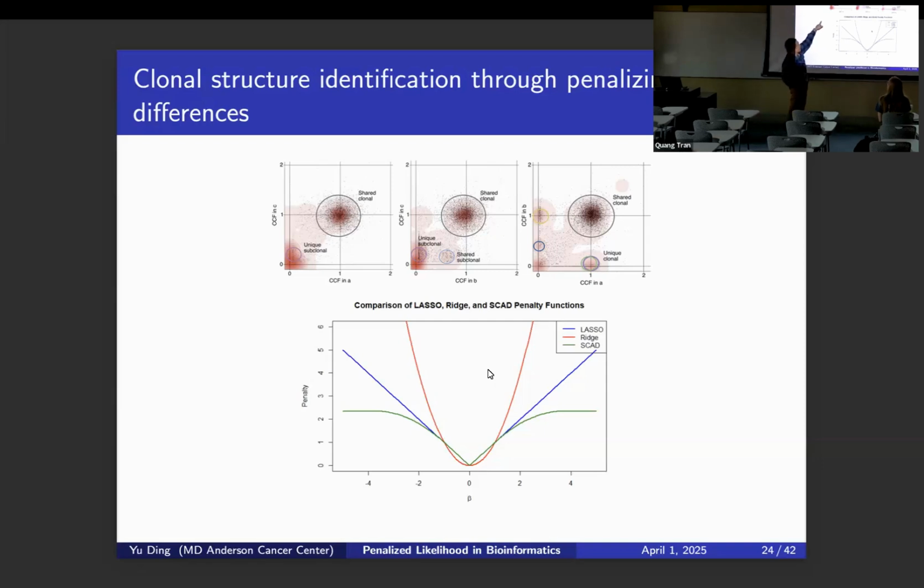The different circles on the plot represent different mutation clusters. We tend to group the mutations within different circles into one value, one cluster membership.